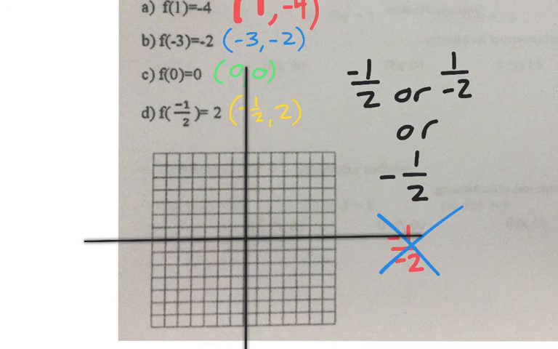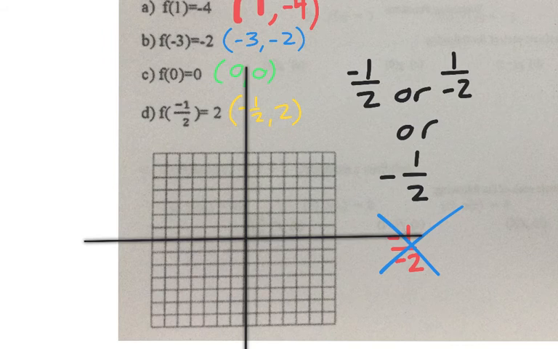Okay, so let's look at all these. For A, the ordered pair was 1, -4. So the 1 tells me to go which direction? Right, because it's positive. So right 1. The -4 is down 4. So that is the ordered pair 1, -4. Questions on A? B is -3, -2.